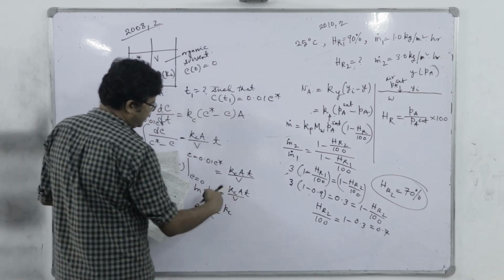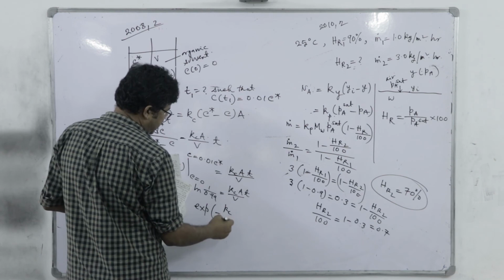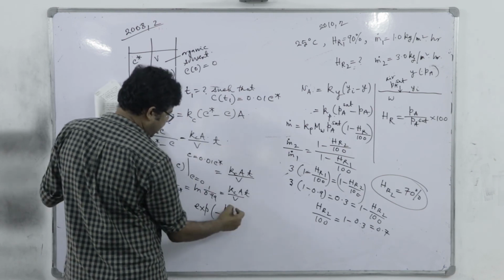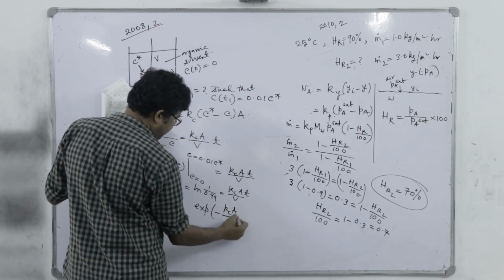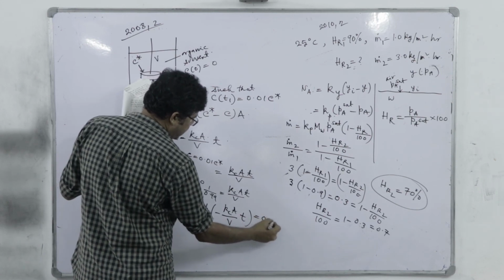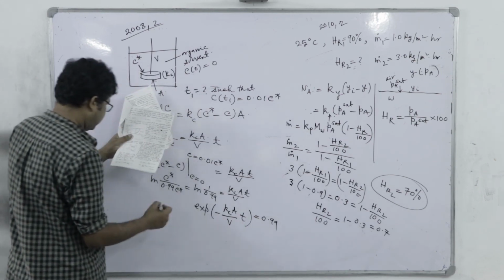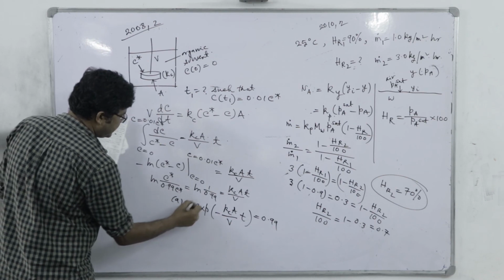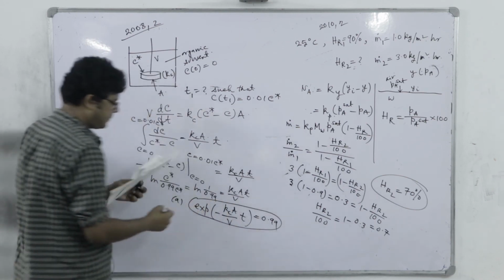So minus, we switch to this side and take an anti-log, so I will get exponential of minus Kc into A divided by V into T equal to 0.99. So this is option A, and that's the answer.